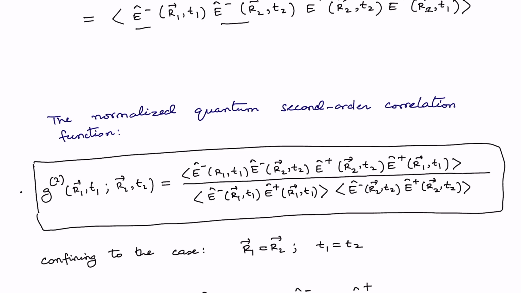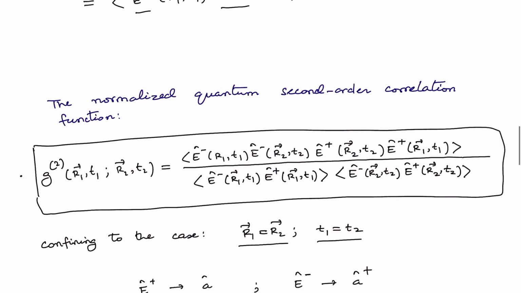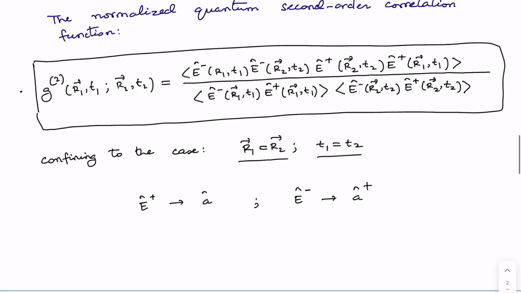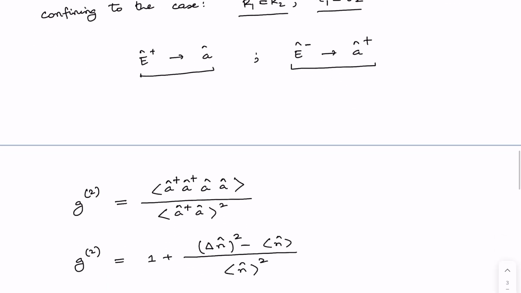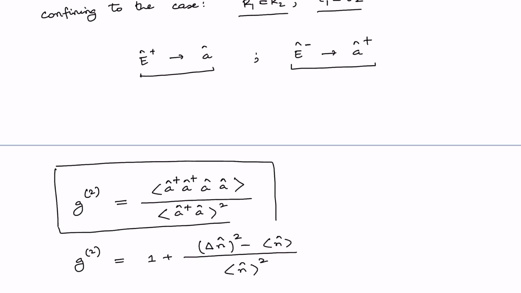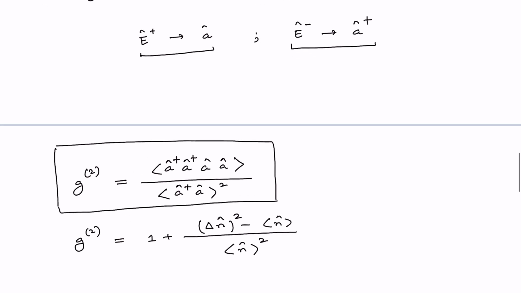We confined ourselves to the case when r1 is equal to r2 and t1 is equal to t2, and replaced the electric field operators by the annihilation and creation operators. E plus is replaced by the annihilation operator a, E minus is replaced by a dagger, the creation operator. Then we get this compact expression for the quantum second order correlation function, which can further be written in terms of the variance in the photon number delta n and the mean photon number n.